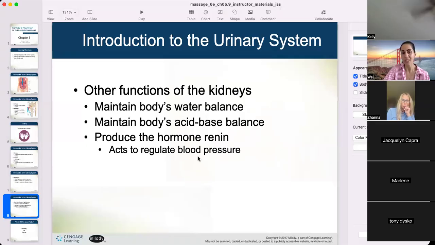Besides being the place where we filter blood and produce urine, the kidneys are where we balance the fluids and the acidity, and a place of regulation for the blood pressure.